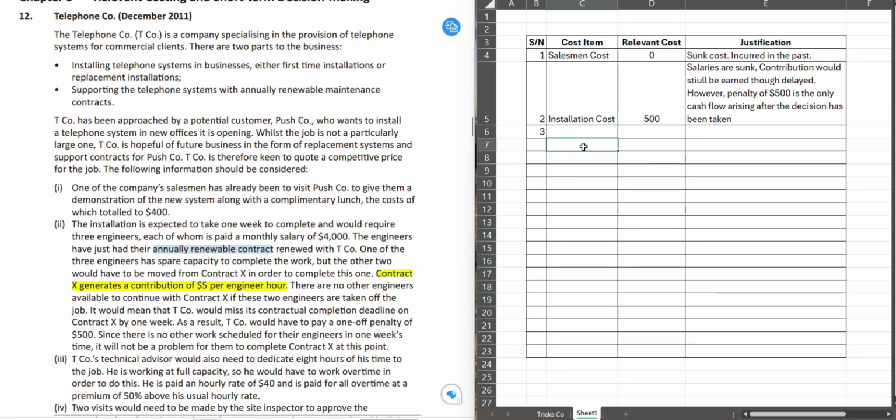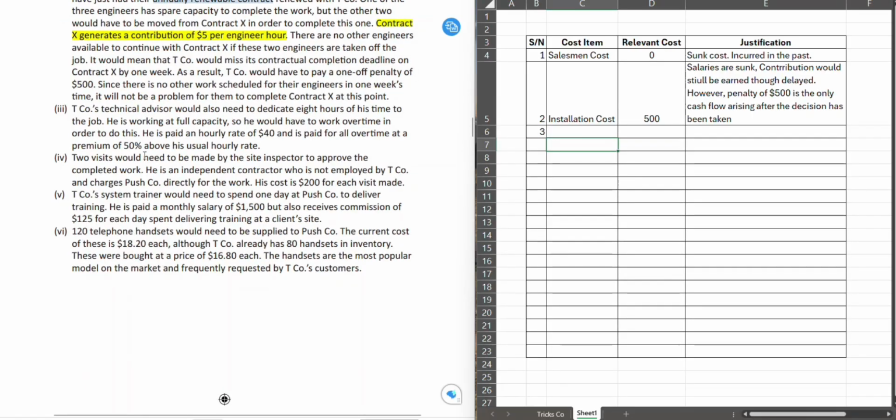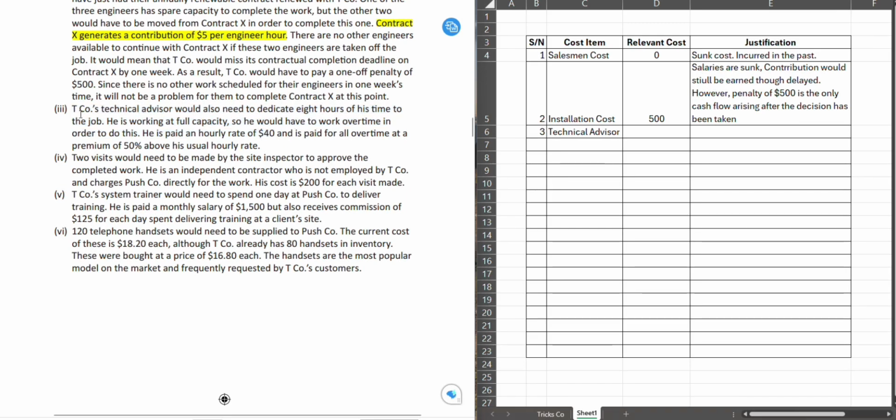Let's move to the third one. And I hope it's making sense. Very interesting question. The third note, that's technical advisor. So let's put it there. Technical advisor. And what is it saying? TICO's technical advisor would also need to dedicate 8 hours of his time to the job.